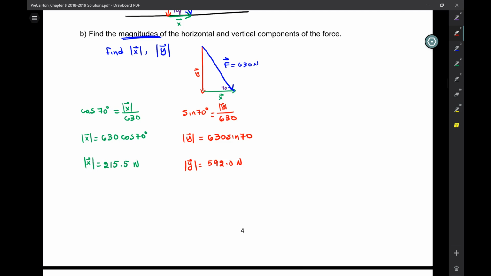I mean, you could for fun, but we're never going to do Pythagorean theorem here. Okay? In fact, here we wrote this cosine equals X over 630, sine equals Y over 630. This is usually not the way we write it.